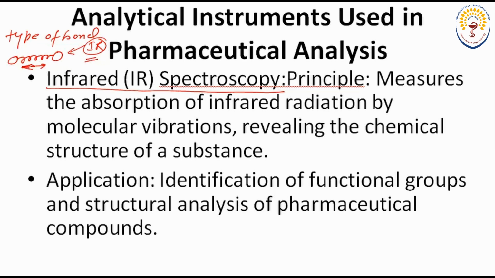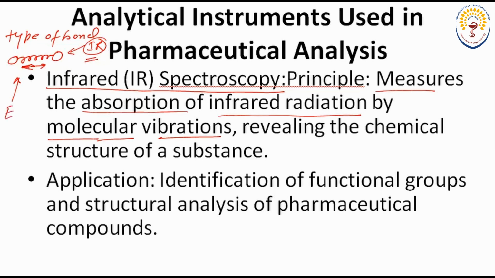So what we are doing in infrared spectroscopy, we are measuring the absorption, that means the amount of infrared radiation which is absorbed by the molecule. And obviously there is a change in molecular vibration, because the bond of the molecule is vibrating. When we add infrared light to it, the vibration increases, because infrared is an electromagnetic radiation which is a source of energy.